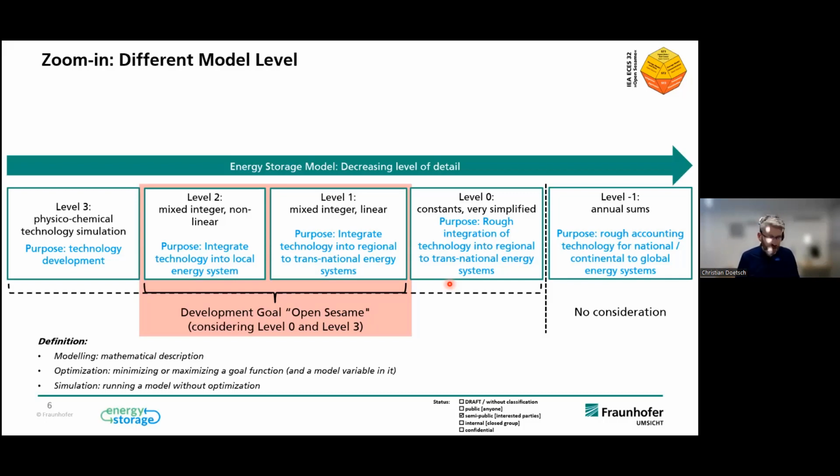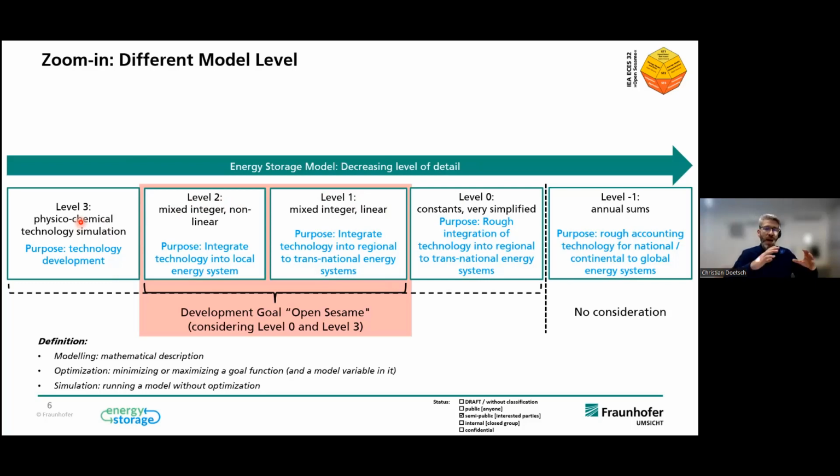And the most simplified is level -1. We call it, this is only an annual sum. So you can only calculate and say, okay, we will store 3% of your energy and you have to store it. That's all. But this is not really simulation, and not optimization. Both not.